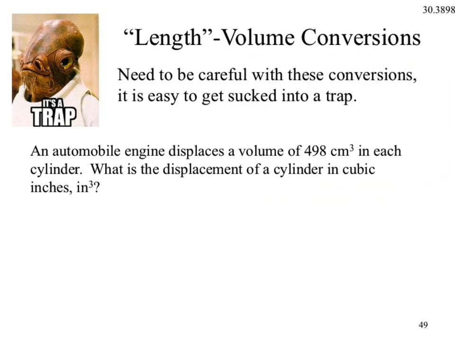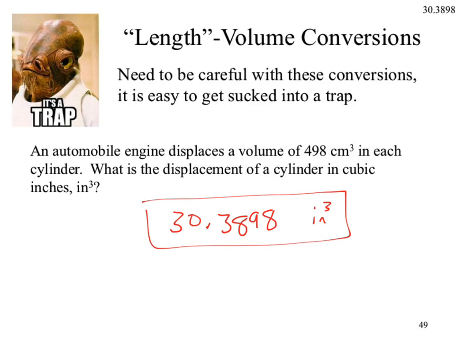For those of you looking for an answer, you enter that into the calculator, and the calculator will spit out a number. Because I said it was inches cubed, I can just write inches cubed. More than likely, this is not an answer written in the multiple choice.